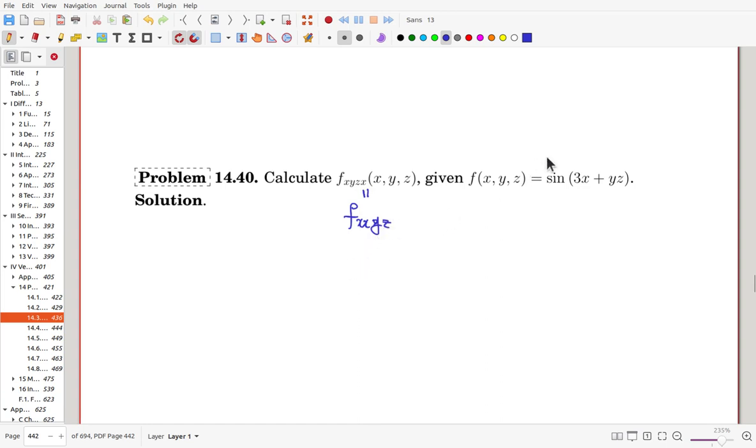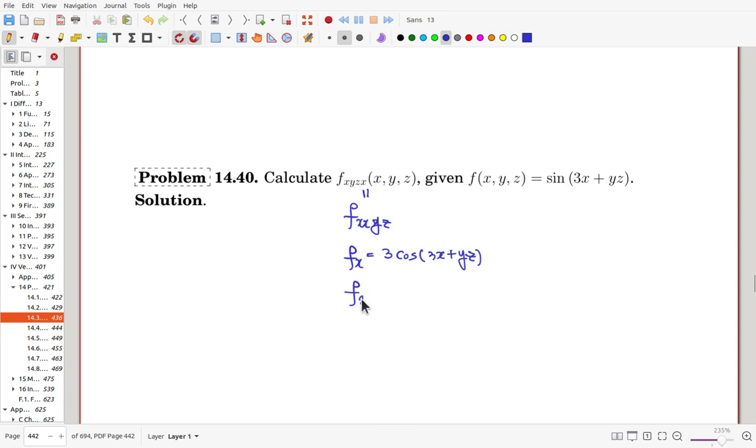The reason is that rather than having some extra variable going out, just the constant multiplication is better. So that's the reason we try to get the x differentiation twice. Now f sub x is cosine of 3x plus yz, and 3 will appear here.